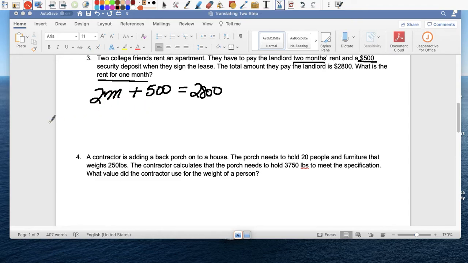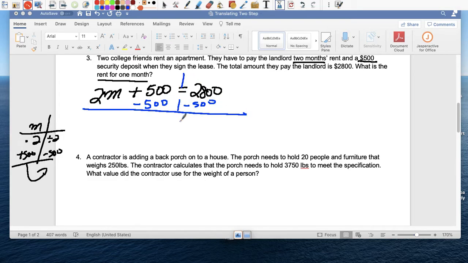Well, write your story. Times 2 plus 500. The inverse is minus 500, divided by 2. So let's do that. Minus 500. So 2,300. This goes away. This is 2m.